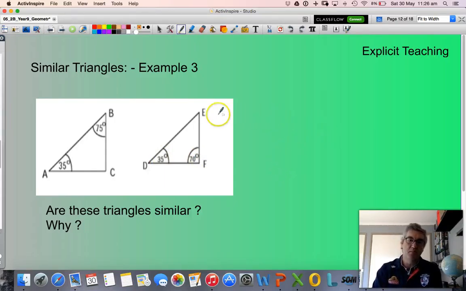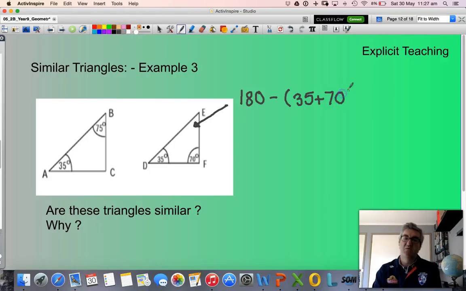Well, we know these angles in a triangle always add up to 180, so that angle will be 180 minus, in brackets, 35 plus 70. In other words, what is 180 minus 105? That equals 75 degrees. So I know that that angle there is 75 degrees.